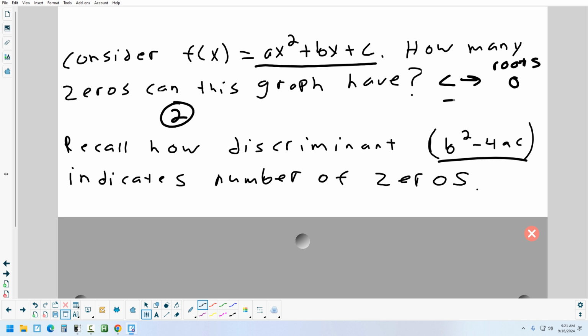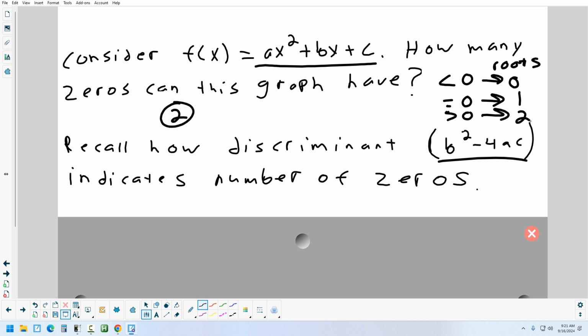So if it's less than 0, you don't have any roots. Let me write it that way, actually. So less than 0 means no roots. How about if it comes out equal to 0? One root. You get 1 root. And what if b squared minus 4ac comes out greater than 0? 2. You get 2 roots.